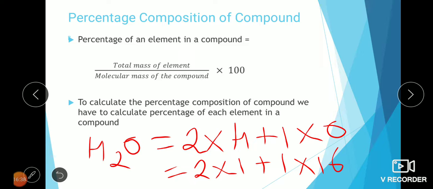Atomic number indicates the number of electrons or protons present in an atom, whereas atomic mass number indicates the number of protons plus number of neutrons present in an atom. Atomic mass number is written as a superscript and atomic number is written as a subscript beside the element.